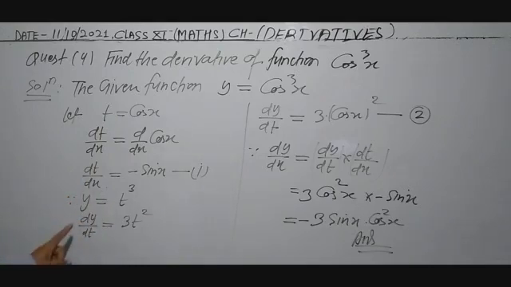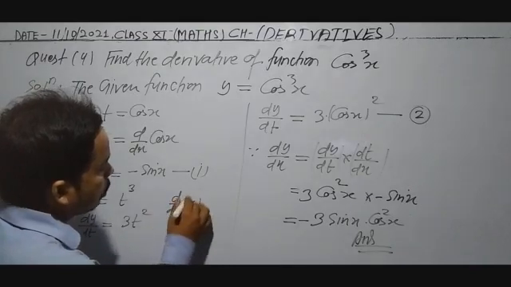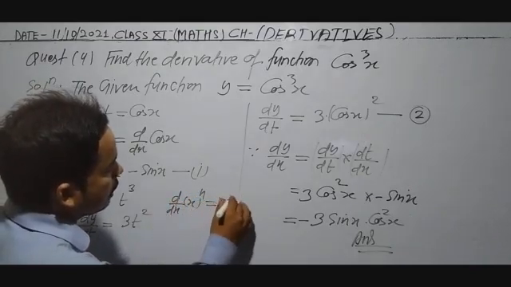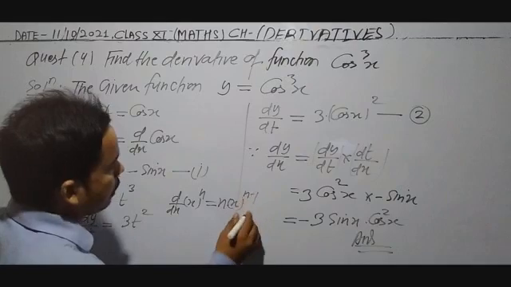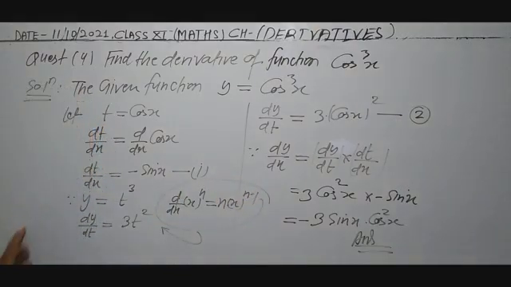And now dy by dt, when you will differentiate y in terms of t, so result will be by using the formula d by dx of x to the power n is n times x to the power n minus 1. This is the formula.